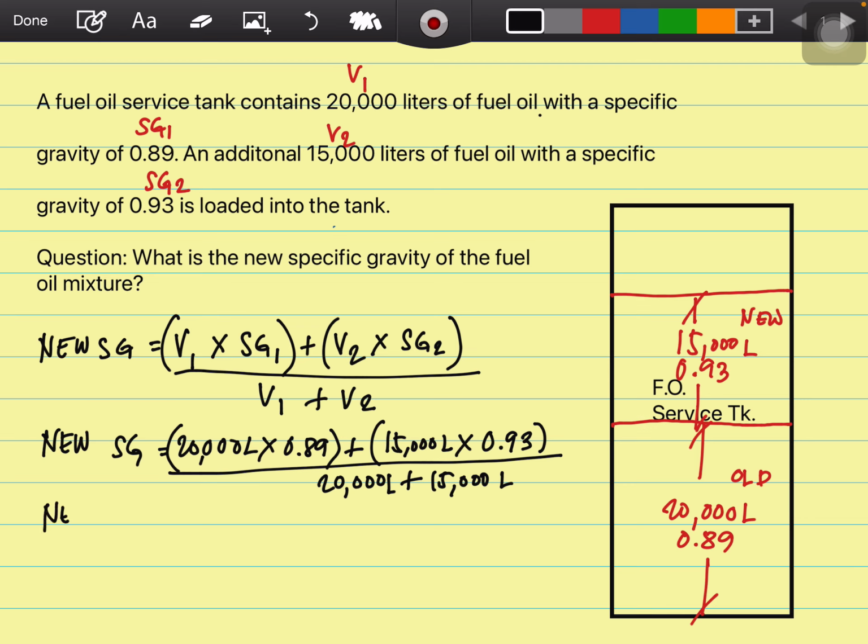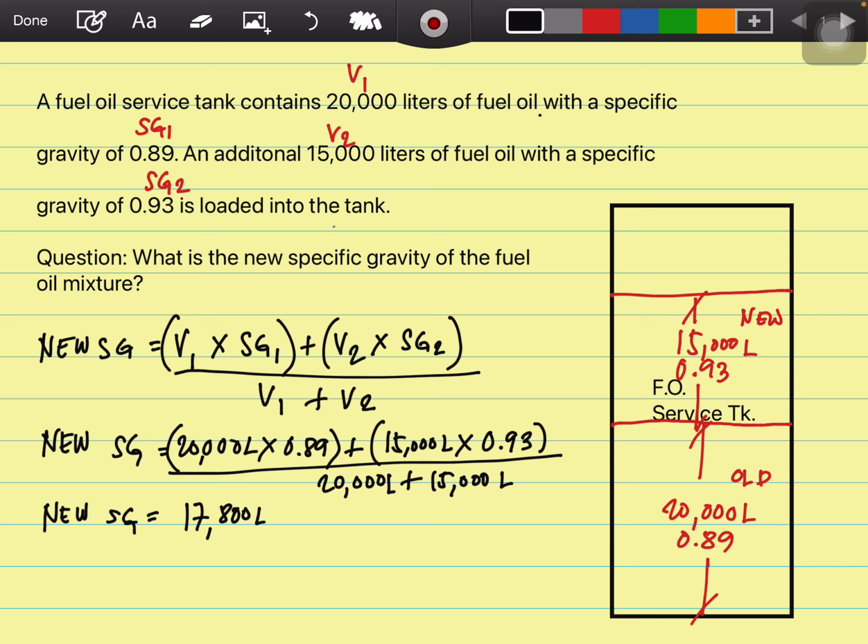Now for the new specific gravity, 20,000 liters multiplied by 0.89 gives you 17,800 liters.